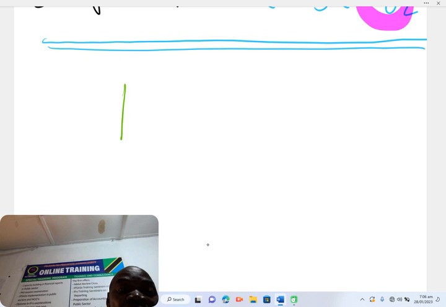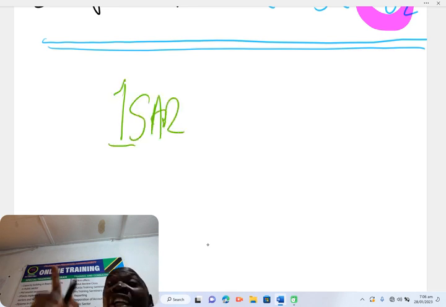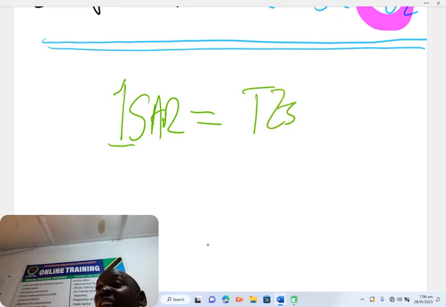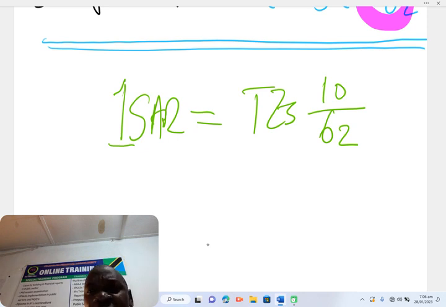If you sell 1 rand, look here, if you sell 1 rand a profit on one rand is equal to TZS, how many? 10 over 62. When you sell one rand, a profit is what? Is it true? Wait first.